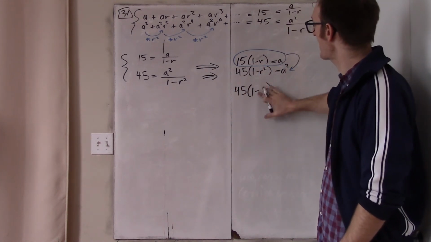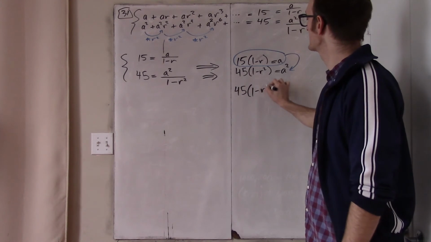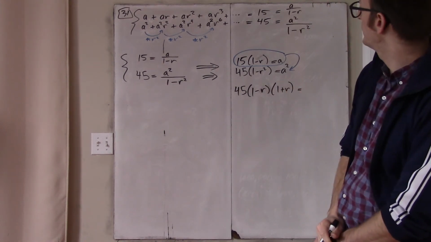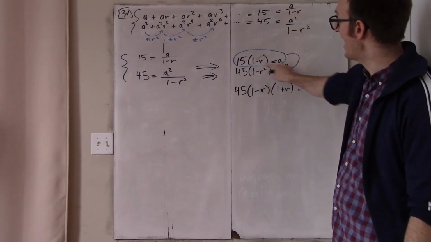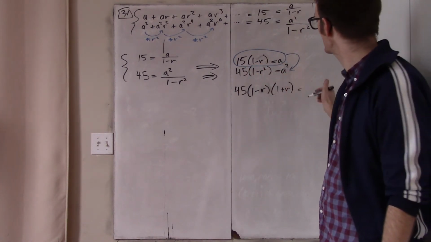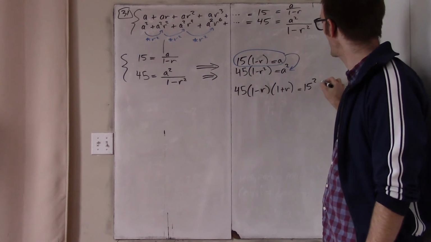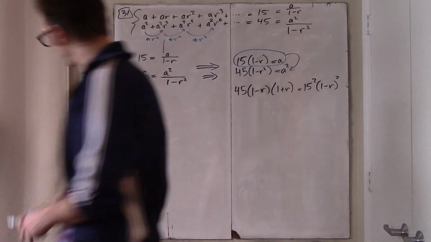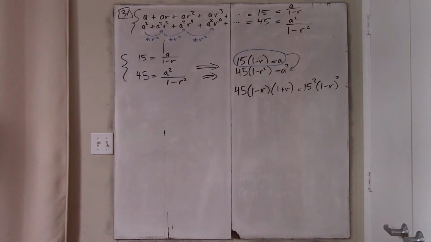In fact, this 1 minus r squared is like 1 minus r times 1 plus r, and if a is just 15 times 1 minus r, then if we put this in here, this becomes 15 squared times 1 minus r squared. Okay, and now I have just a single equation to solve, and yeah, let's just do it.